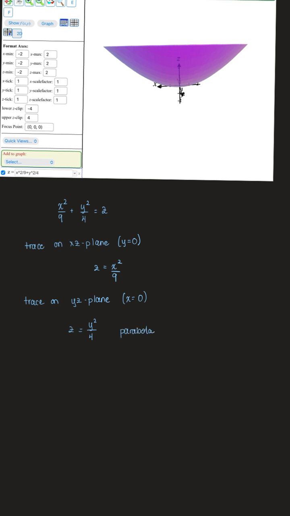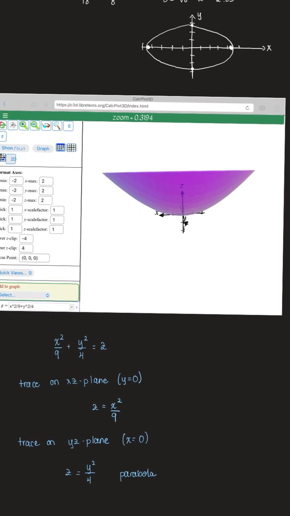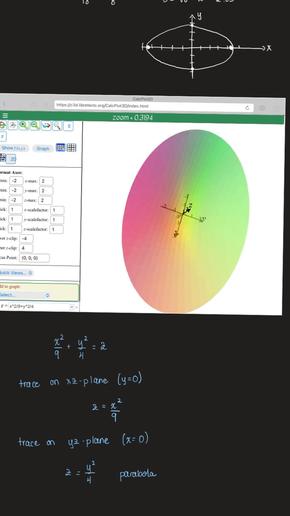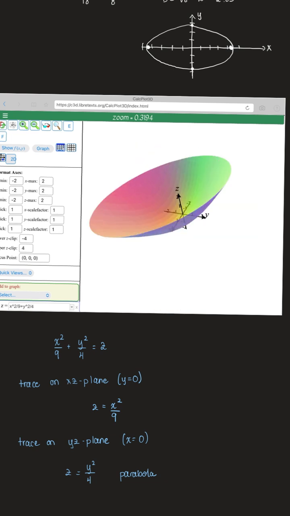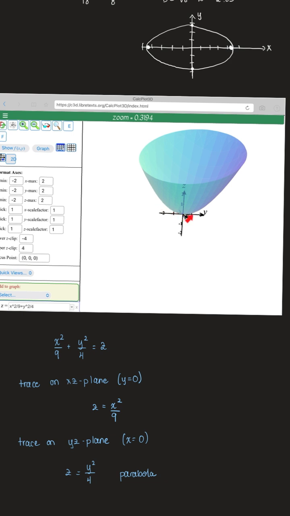So if we try again and shift down our visual, no guarantees here, but what I would do is try to rotate this so we can look directly at the yz plane, something like that. And so you can see another parabola here. Okay, so there are our elliptic paraboloids.